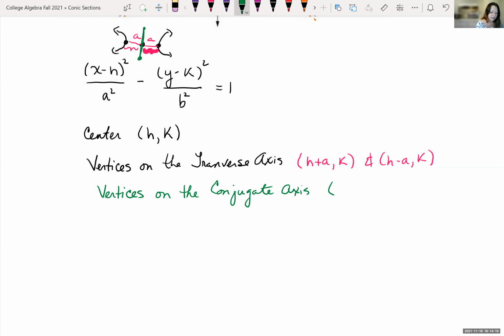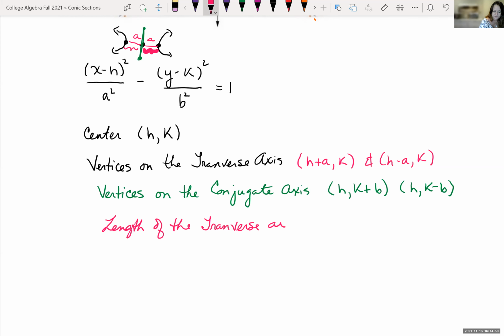We can get these points with the x value the same as our center, so h, and now we're adding b to or subtracting b from k to get those points. The length of the transverse axis is 2a, and the length of the conjugate axis is 2b.